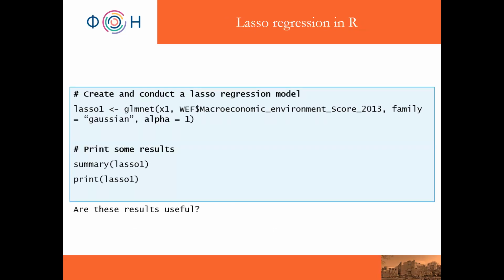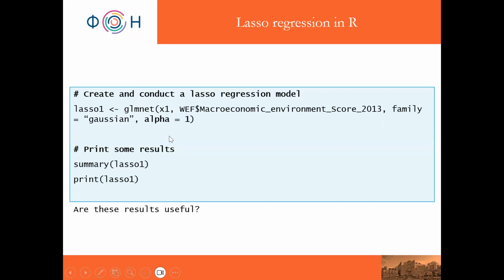Okay, so we are going to redo our analysis. Again, we are creating the same model as we created for ridge regression, but now we are just creating a lasso model. So basically, the glmnet function is going to be the same. The thing which differs is the value of alpha.